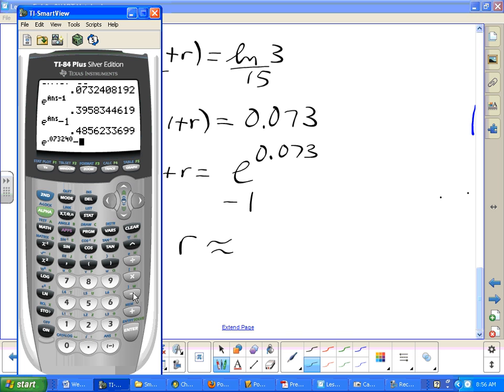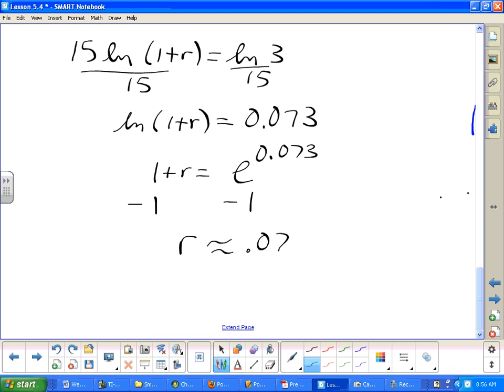And minus 1 is, there we go, 0.0759, so about 7.6%. Okay, that sounds better than 40% or 50%.